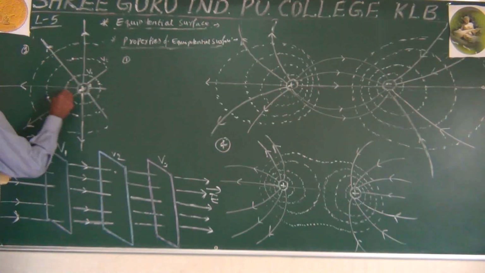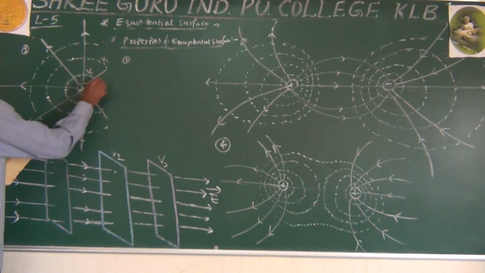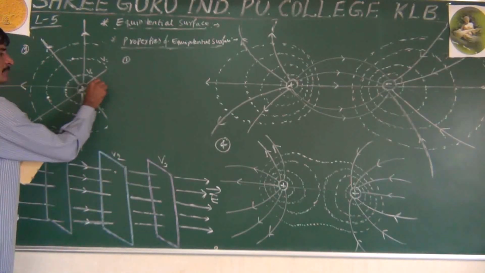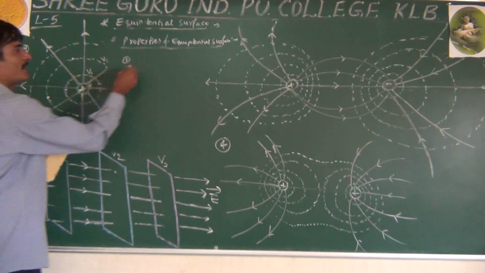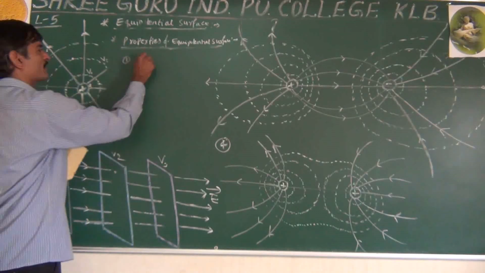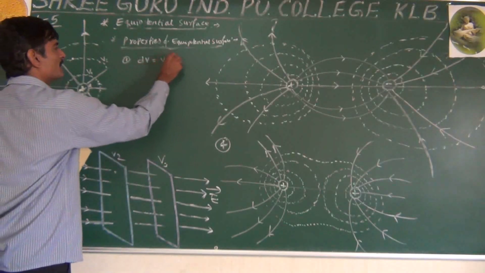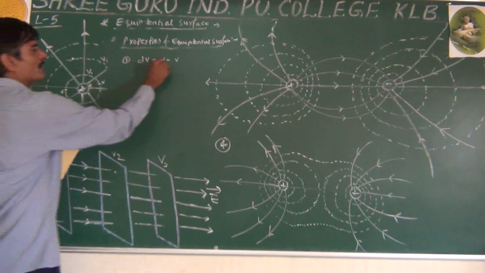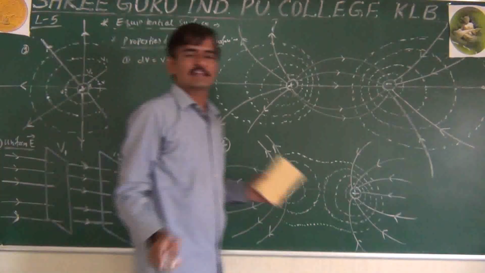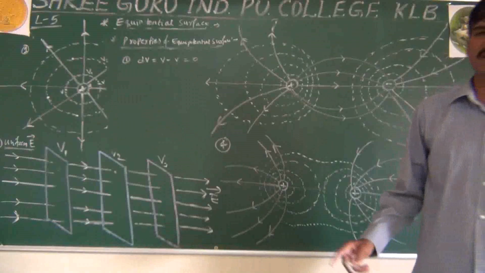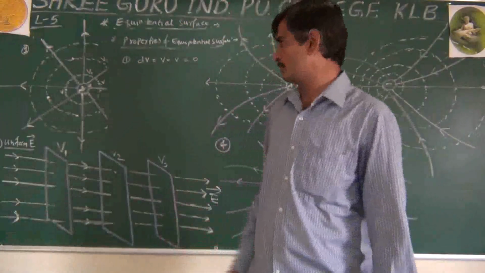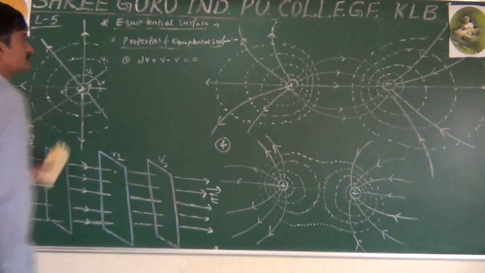If you take the potential at this point and at this point, the potential at these points is the same. If you take the potential difference, that is dV, it is equal to V minus V. The potential at this point is V, the potential at this point is also V, and V minus V comes out as 0. Understood? That is the first property.